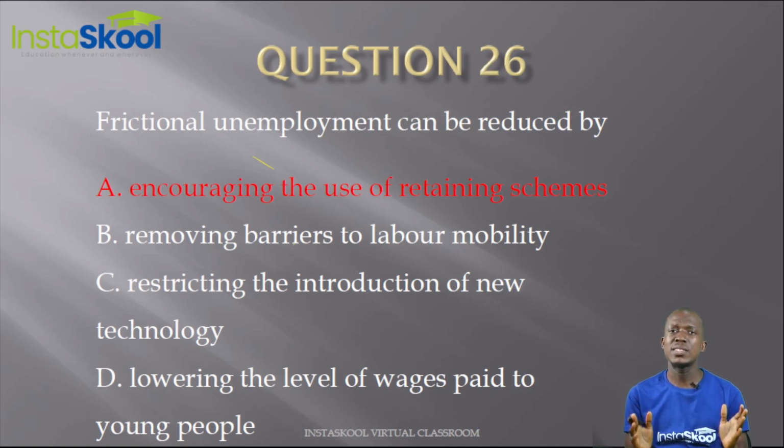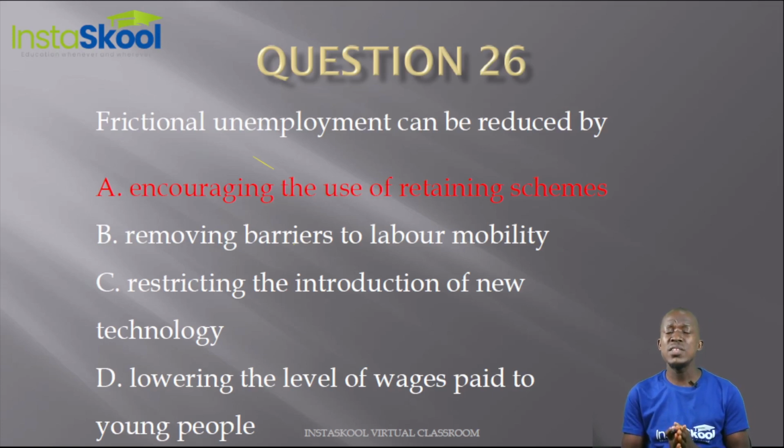Having said that, how do we reduce that? Is it to reduce the amount of money paid to young people? That would not help. Option C says restricting the introduction of new technology. Whether there is new technology or not, it still does not close that gap. Option B says removing barriers to labor mobility. Now, why this is not correct is because labor mobility can be two ways.